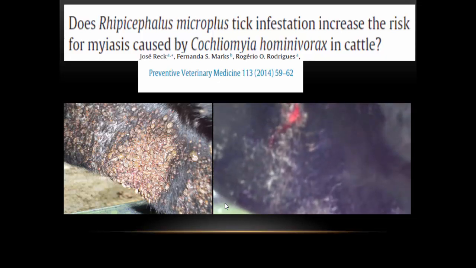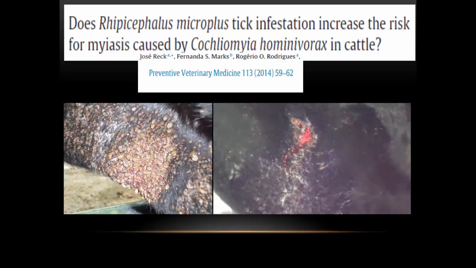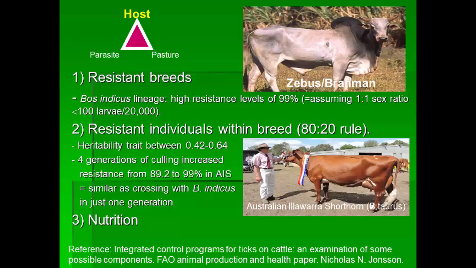Now, going back to the concept of applying integrated parasite management, if we look at the things that we could do on the part of the host, the number one by far would be to select for resistant breeds, like the Zebus that you see on this photograph. These animals have an innate, inborn, or naturally inherited resistance, if you like, to the tick.